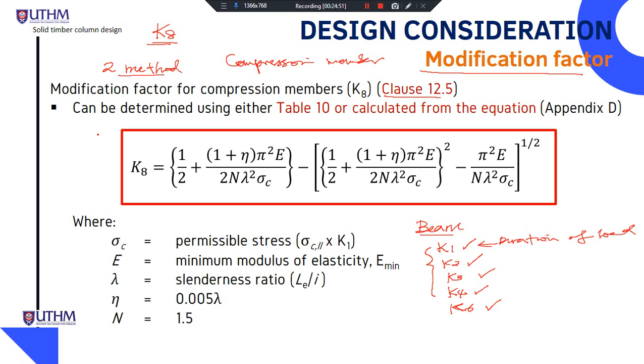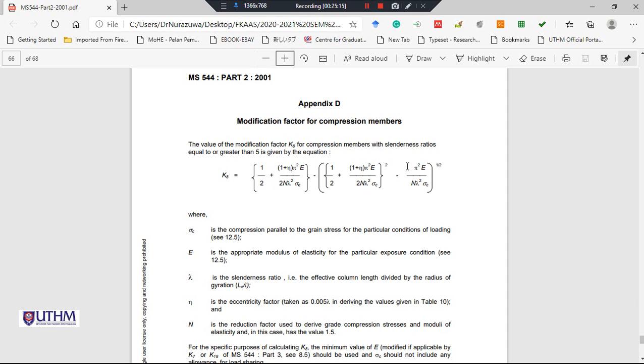The first one is by using an equation. This equation in Malaysian Standard 544 can be found on page 58 under Appendix D, Modification Factor for Compression Members, in Malaysian Standard 544 Part 2, 2001.